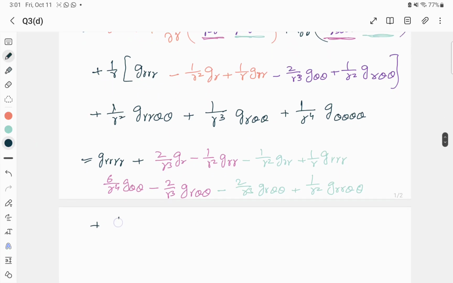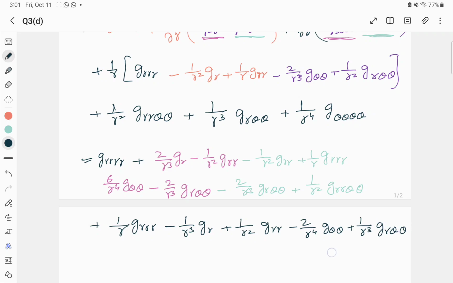So it will become 1 over r g r r r, negative 1 over r cubed g r, plus 1 over r squared g r r, negative 2 over r to power 4 g theta theta, plus 1 over r cubed g r double theta.